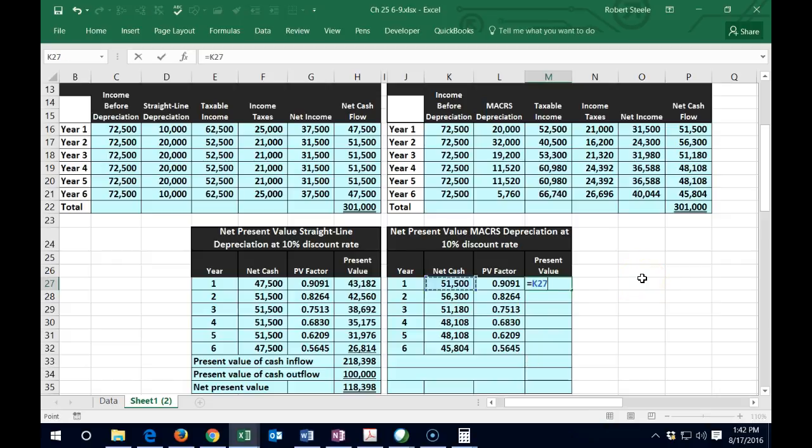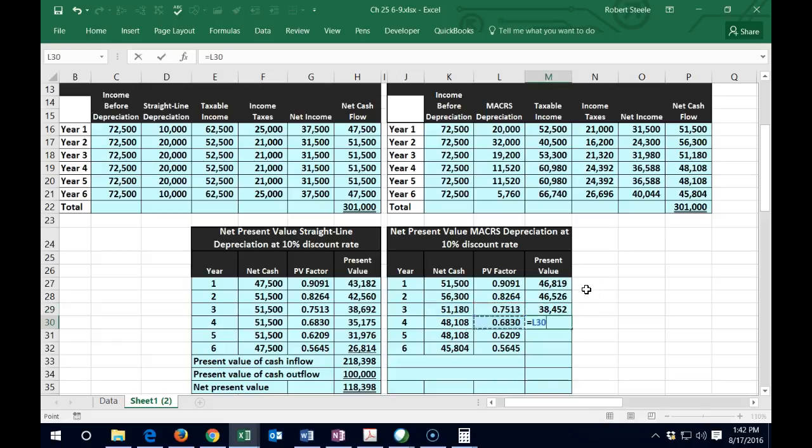Now, we've got the 51.5 rather than the 47.5 times the 0.9091 gives us the larger present value of the 46. But we're going to say the 56.3 times the 0.8264 gives us a bit more there. We're going to say we have the 51.1 times the 0.7513.